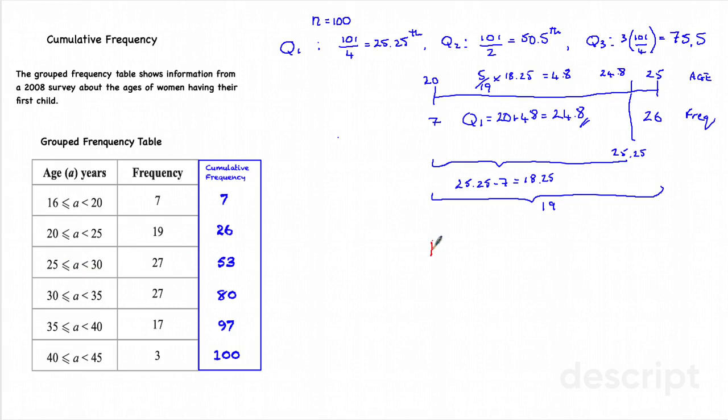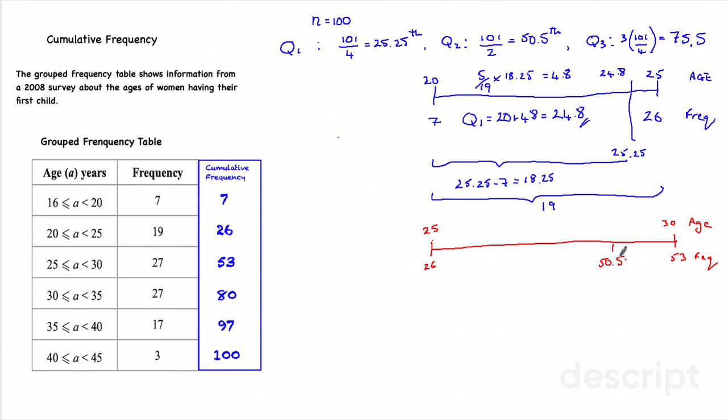Let's note that we're in that group first off. I'm running from 25 to 30. That's my age. My frequency runs from 26 to 53. That's my frequency.